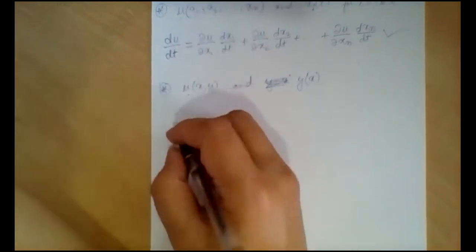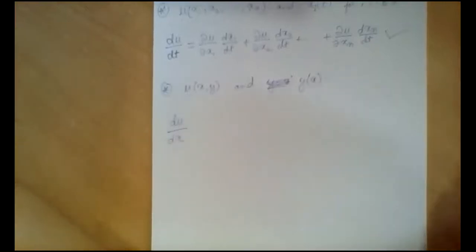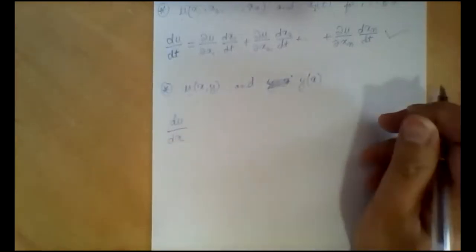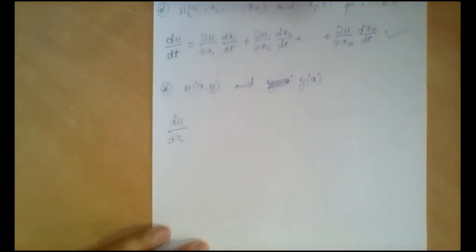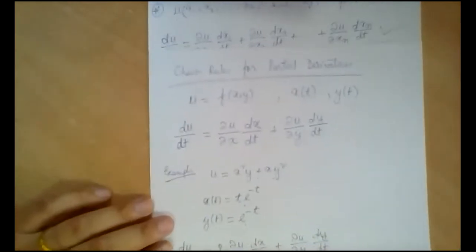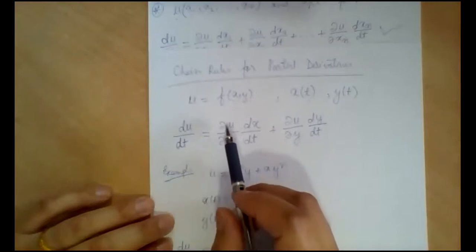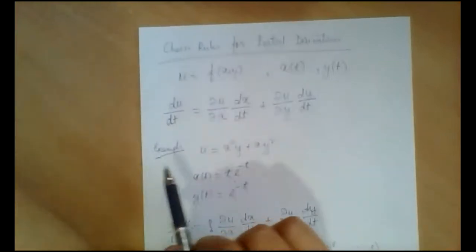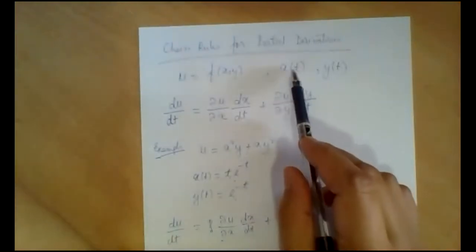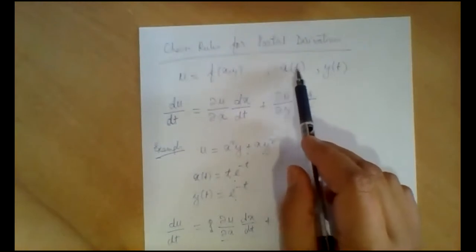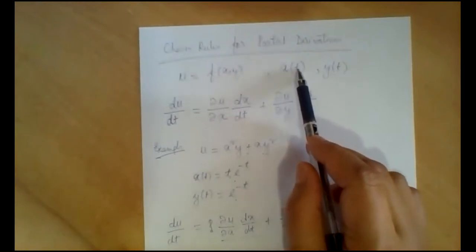How will you calculate du by dx? This is equivalent to the earlier example, where we take x as t, a special case.